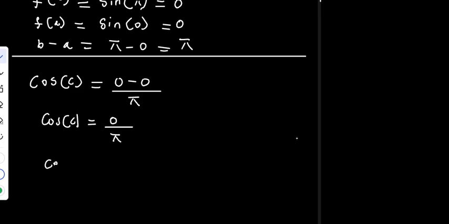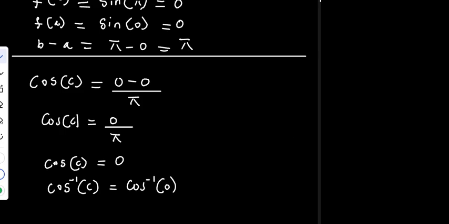So cos c is equal to 0. So now we can take the cos inverse of both sides: the cos inverse of cos c is equal to the cos inverse of 0.